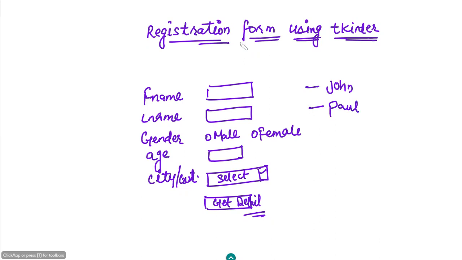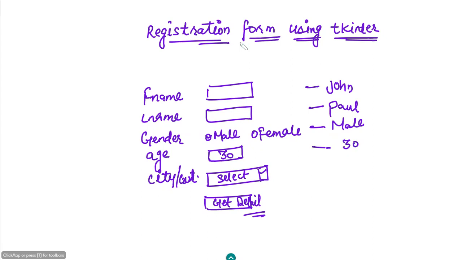So this is the complete name, and the gender is what? Suppose the user puts the check mark on male, so the gender will be listed here, and age, suppose 30, so that should be displayed accordingly, right?